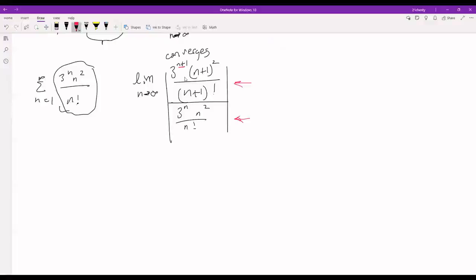But if the output of this limit is less than 1, that means the top is less than the bottom. Each subsequent term is getting smaller. So that means the series will converge. And if it equals 1, then this test is inconclusive. Since this is homework problems, we won't get a 1, but that is what happens.